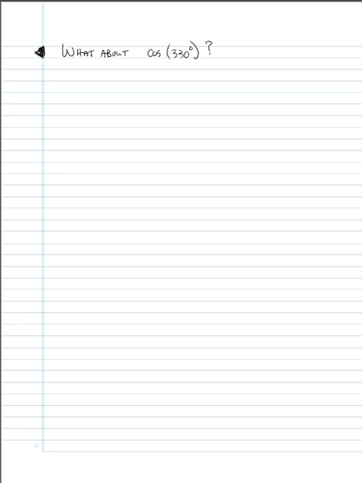Well, what about cosine of 330 degrees? So let's extend this unit circle idea. I probably need more room than I'm making here. Now remember, this is pi over 6, which is the same as 30 degrees, and we know that the coordinates of that point are square root of 3 over 2, comma 1/2, from the things that we've done before.